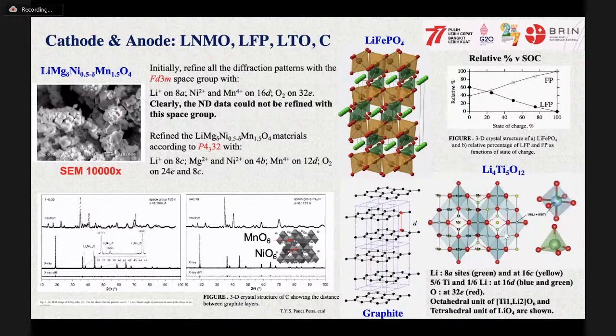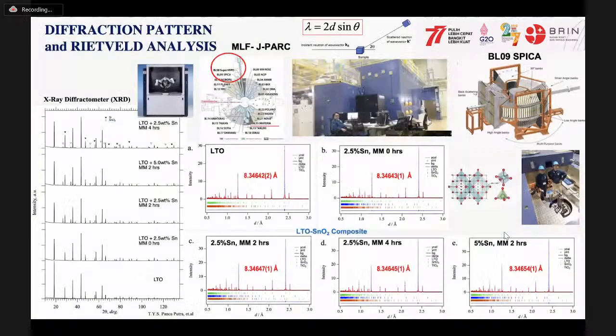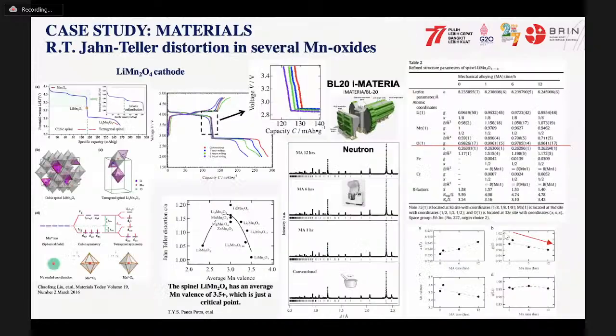What can we do? In this case, we can see the difference between when we use X-ray and neutron. And then this is some work I did in J-PARC related to the anode material LTO.